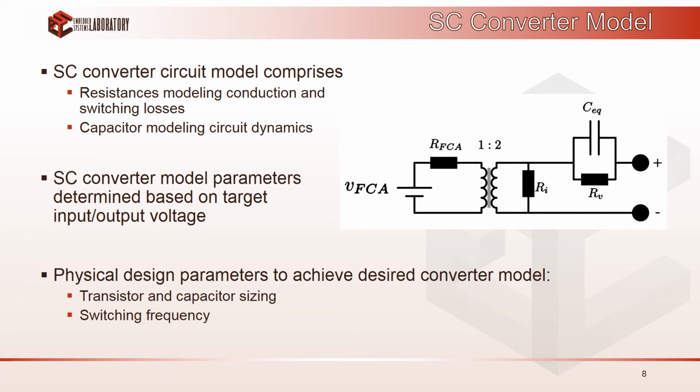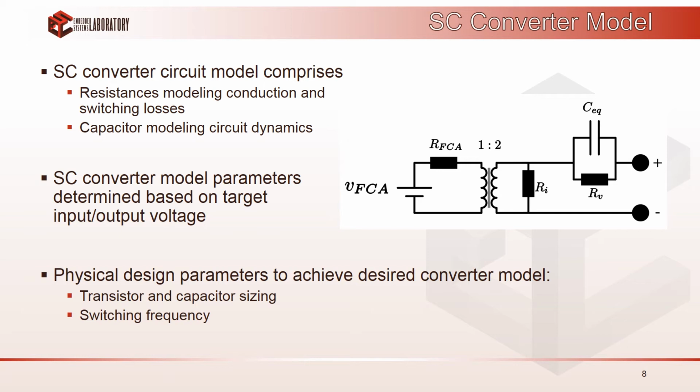To emulate the FCA power generation using the SC converter, we develop a circuit model of the converter, as shown in the picture. It comprises 2 resistances, Ri and Rv, which model the conduction and switching losses in the circuit, and a capacitor, which models the dynamics of the circuit. These model components are determined based on the target application, which in our case are the input and output voltages.